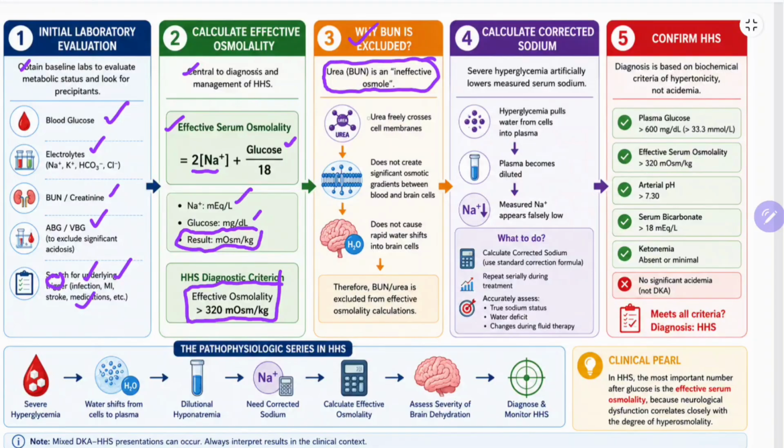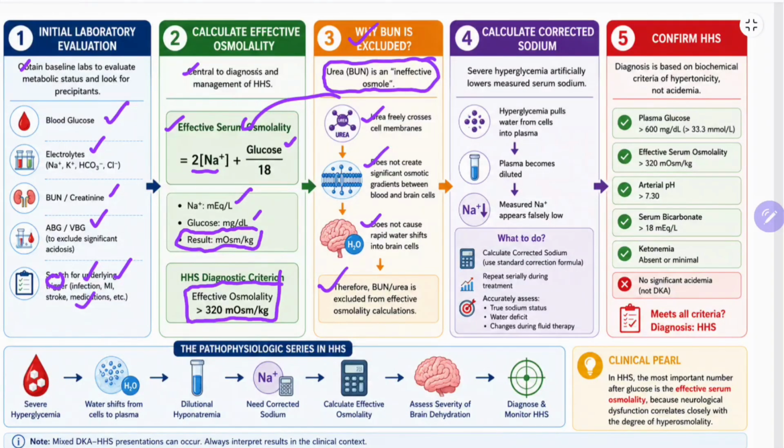Urea freely crosses cell membranes, does not create significant osmotic gradients between blood and brain cells, and does not cause rapid water shifts into brain cells. Therefore, BUN or urea is excluded from the effective osmolality calculation. You will not find urea in the calculation of osmolality.